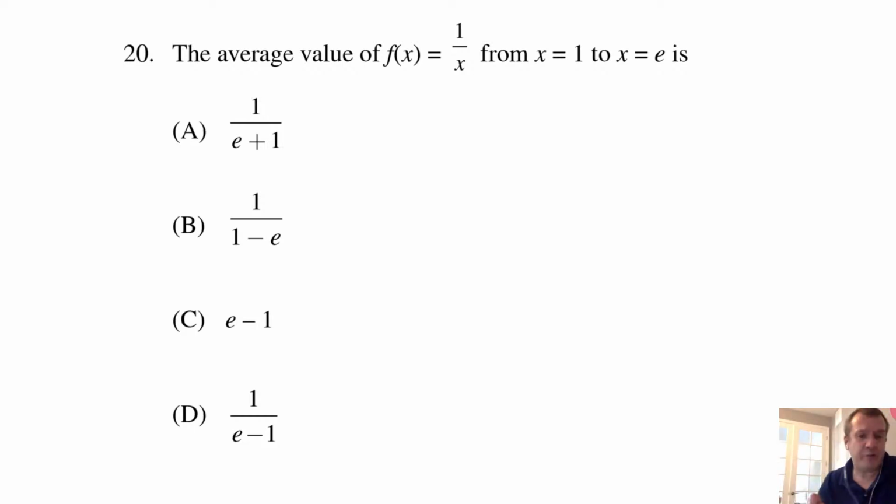Here, average value. If we're going from 1 to e and we've got our answers as insight, well, you may remember when you're dealing with the average value, we're going to have to take the integral, but our answers kind of let us know in terms of the ordering. Remember, you always have to find the difference from your B to A endpoints.